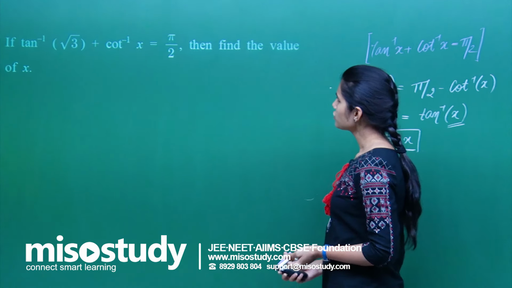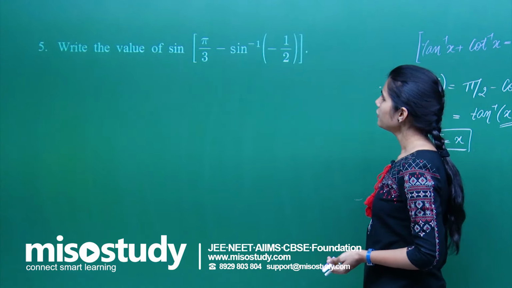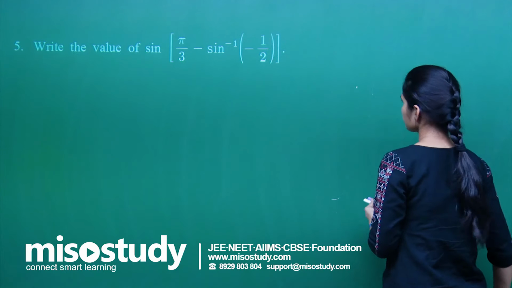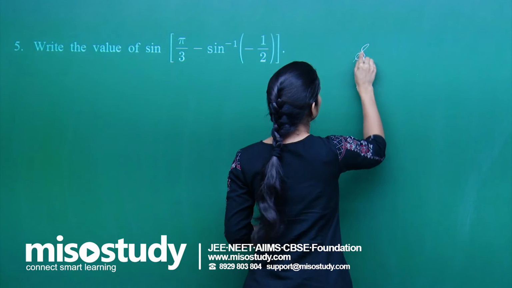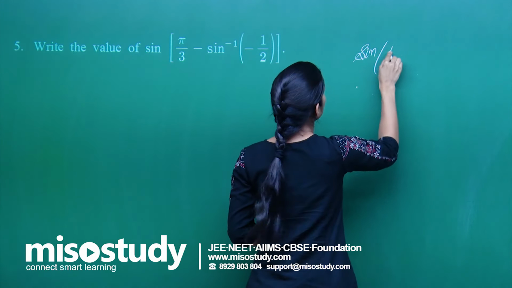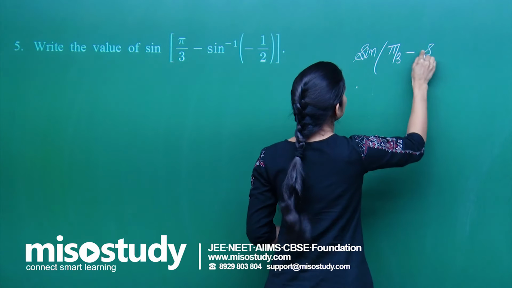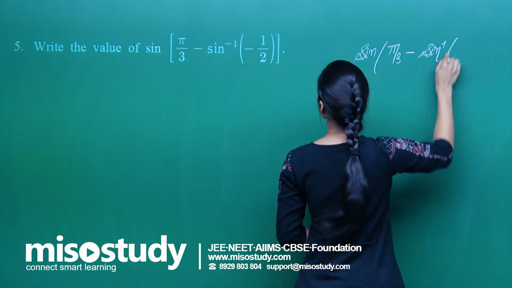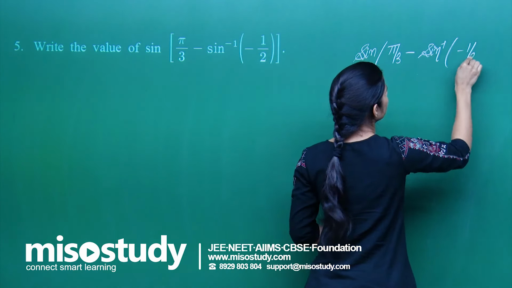Moving on to the next question, we have to write down the value of sine of this particular expression. I have sine of pi by 3 minus sine inverse of minus 1 by 2. Now as we just discussed, which inverse trigonometric functions pull out the minus sign, or which bring pi in the picture and come out as a resulting value.